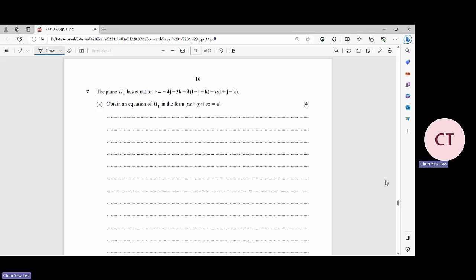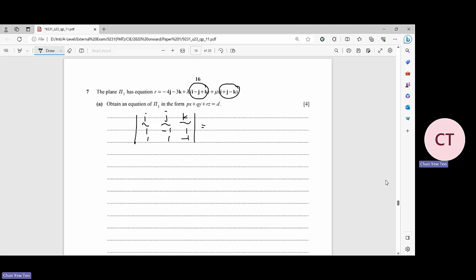In order to convert the vector form to Cartesian form, first of all we need to find the normal vector. This is pi1, so I call this normal vector number 1, n1. I think it is better we do the cross product first. We take this directional vector, 1, negative 1, 1, and another directional vector here, 1, 1, negative 1.